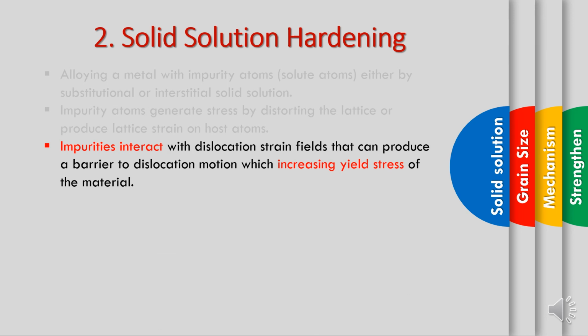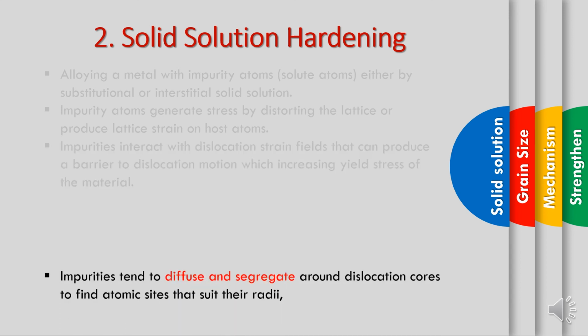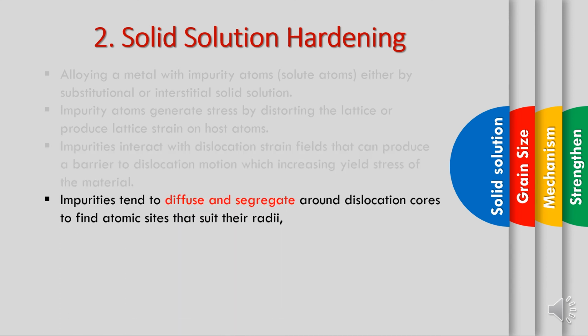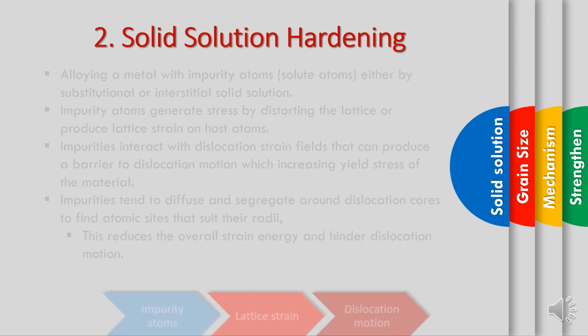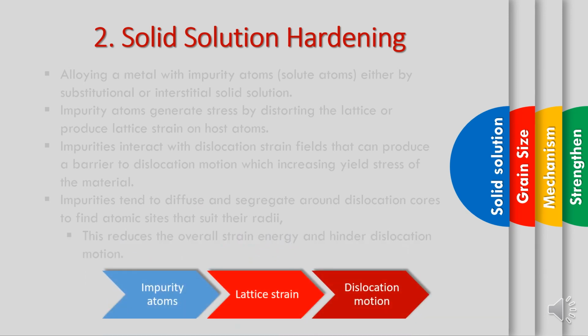Impurities interact with the dislocation strain field, which can produce a barrier to dislocation motion, or it will stop and block the dislocation motion, which increases the yield stress of the material. Impurities tend to diffuse and segregate around dislocation cores to find atomic sites that suit their size. This reduces the overall strain energy and hinders dislocation motion.